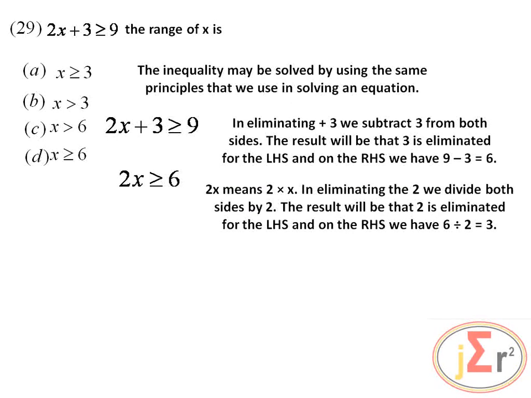In eliminating the 2, we divide both sides by 2. The result will be that 2 is eliminated from the left hand side, and on the right hand side we have 6 divided by 2 is equal to 3. x is greater than 3. The correct answer is option A.